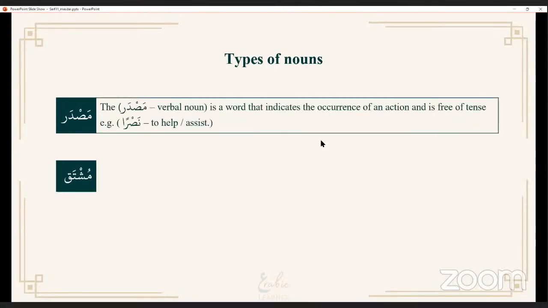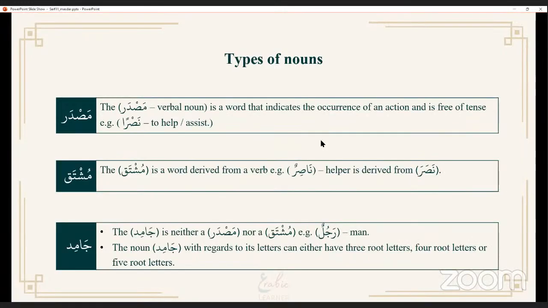So you know that there are three kinds of asma, which is jamid. Now jamid is something like rajulun; you cannot do conjugation of that.